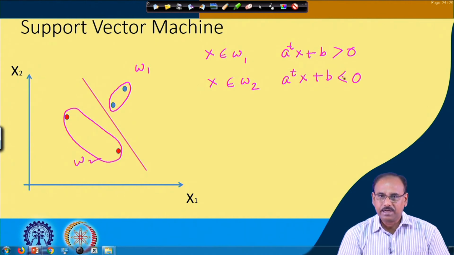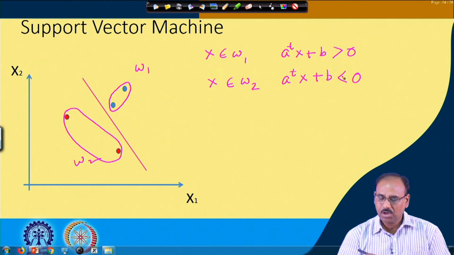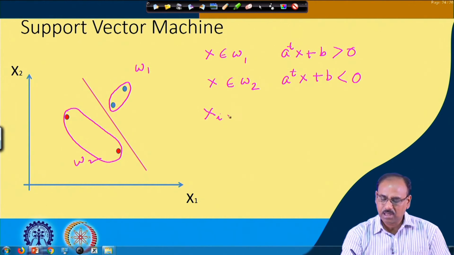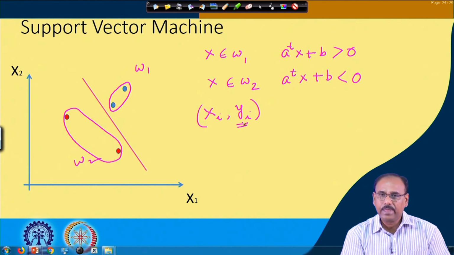Now, I can take another strategy. Let us assume that every training vector is given as a pair. That means, along with the training vector, we also have its class label, right. So, I can put it this way, that a training vector x_i is given as a pair (x_i, y_i), where this y_i indicates to which class x_i belongs.